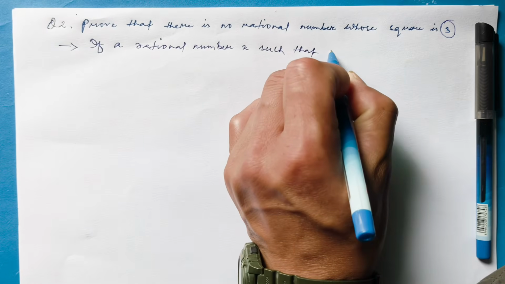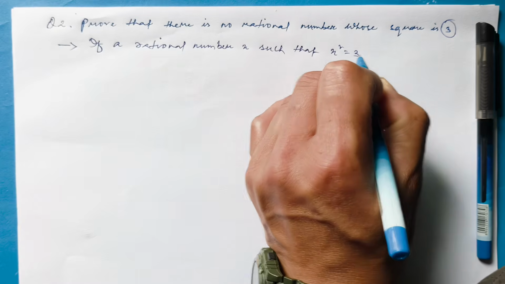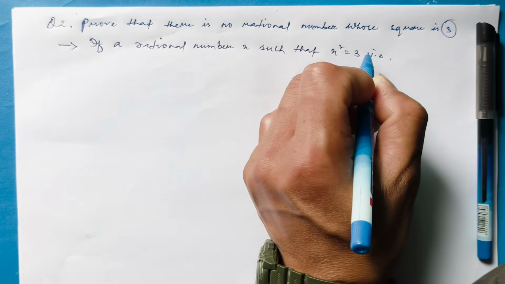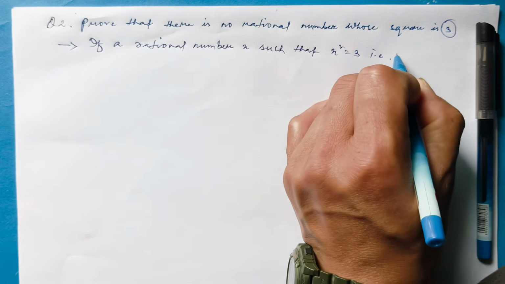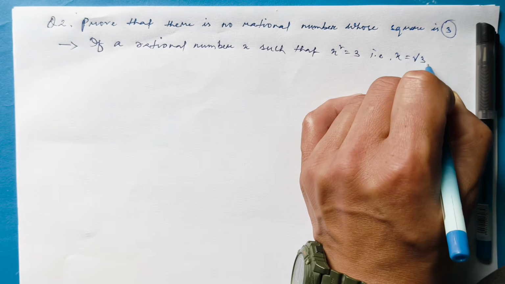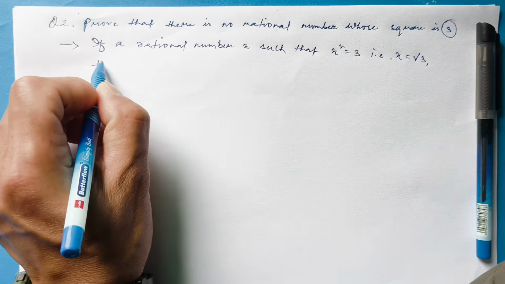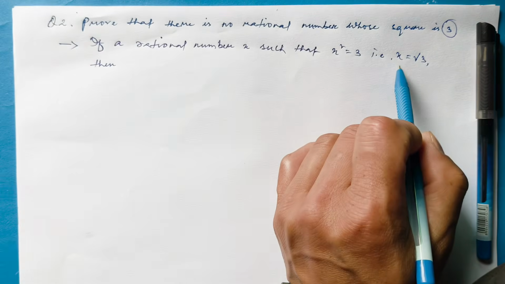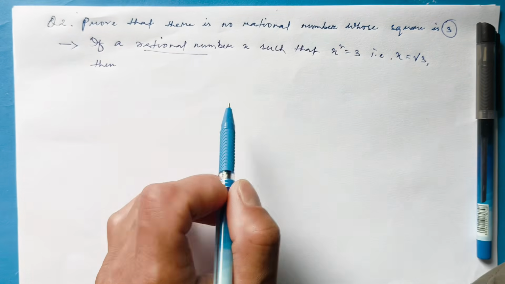That is, x square equals 3. That is, x becomes square root 3. Then, what is x? x is a rational number.